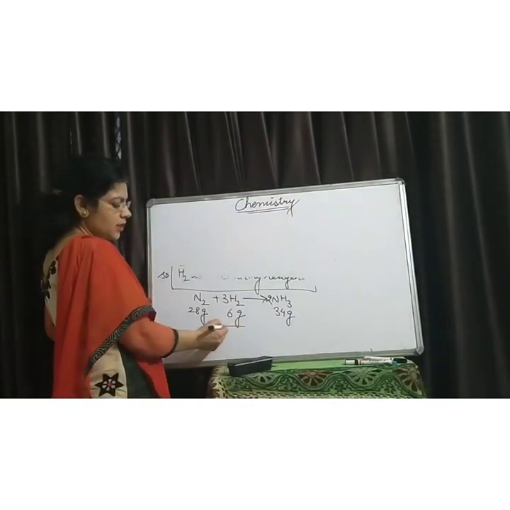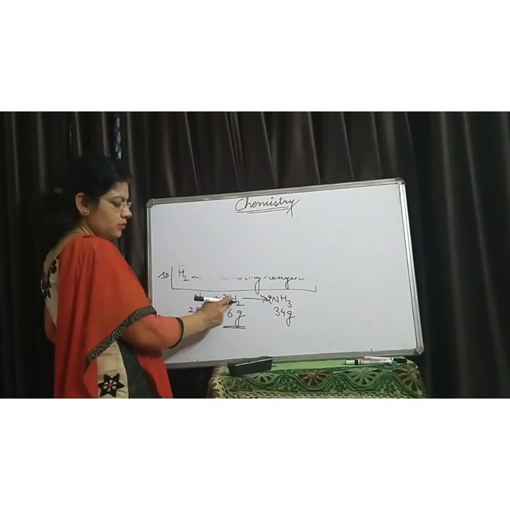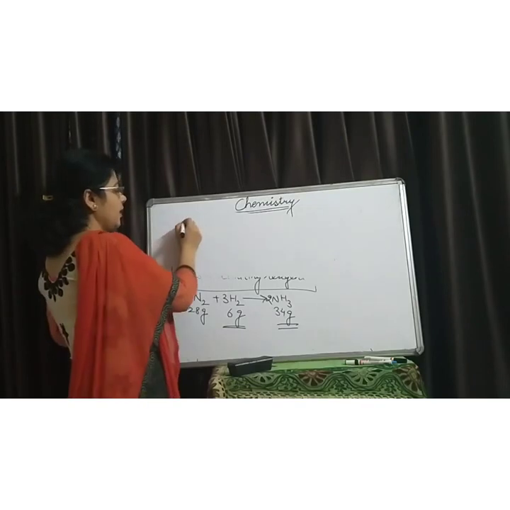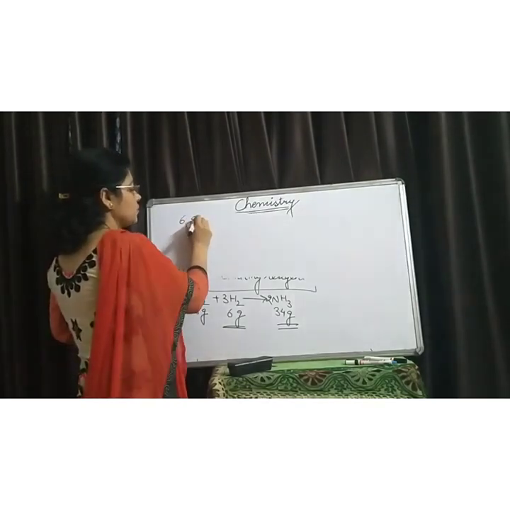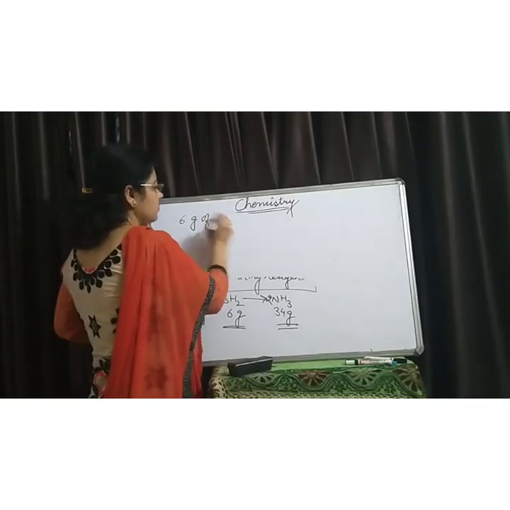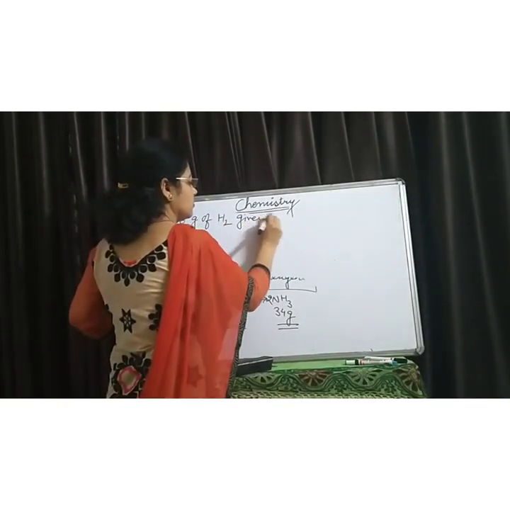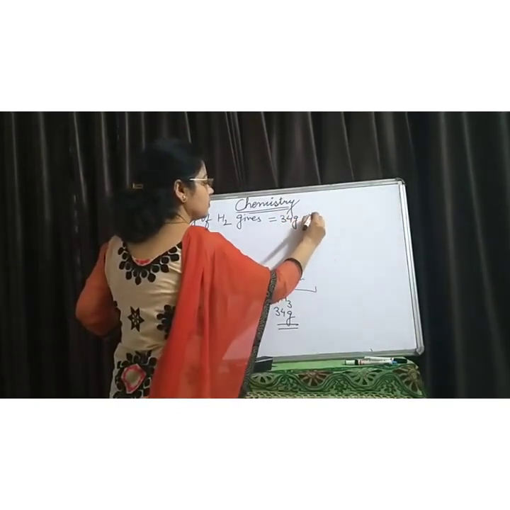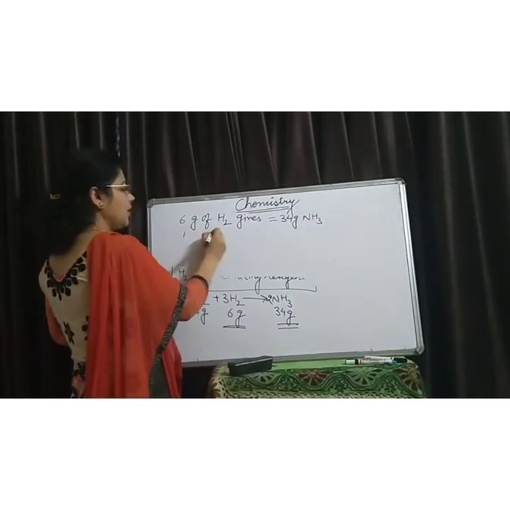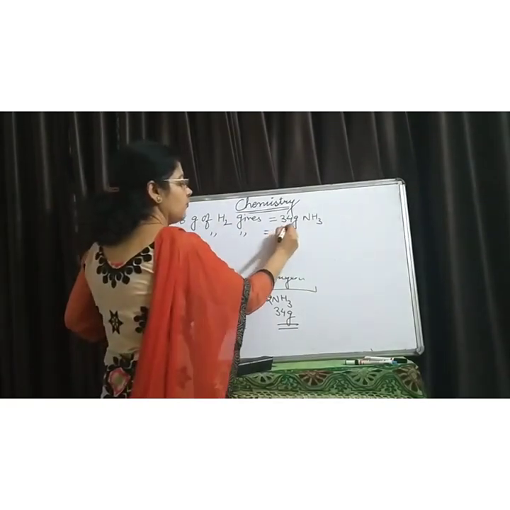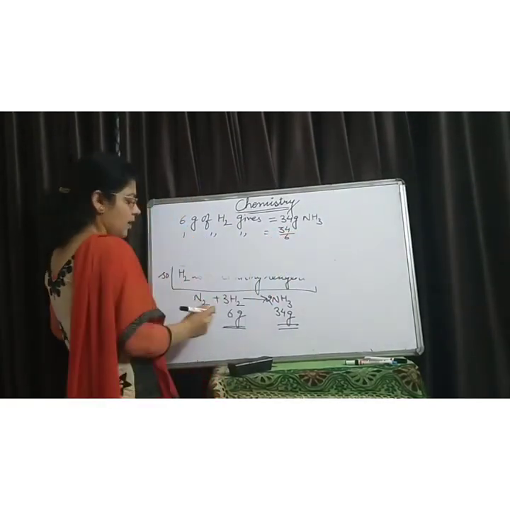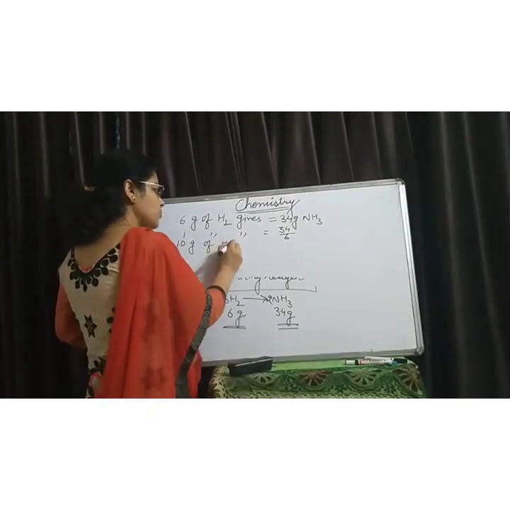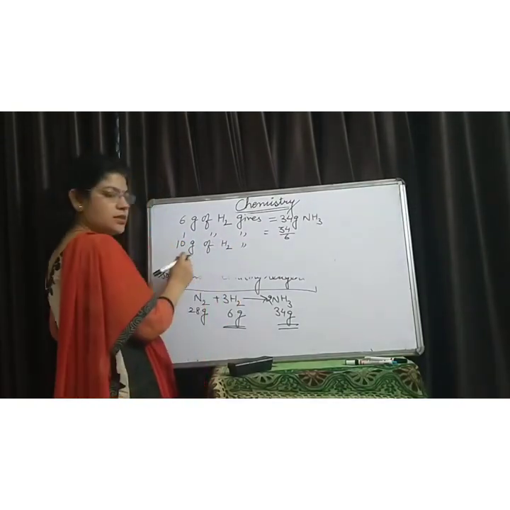See here, 6 grams of hydrogen gives 34 grams of ammonia, and 1 gram of hydrogen gives 34 by 6, and in this question 10 grams of hydrogen is provided.